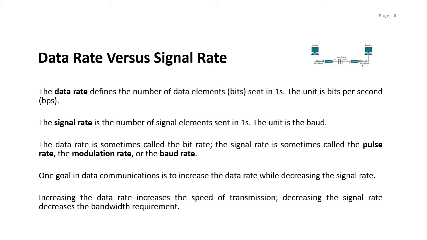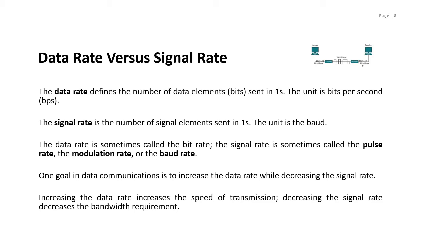One of the goals in data communication is to increase the data rate while decreasing the signal rate. We can imagine this in terms of the analogy that we have just used. We want to reduce the traffic jam, so we want to have as many carpools as possible.